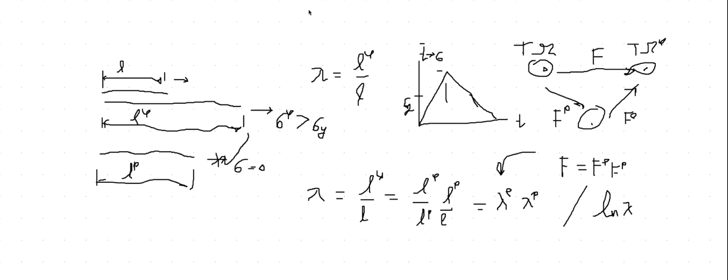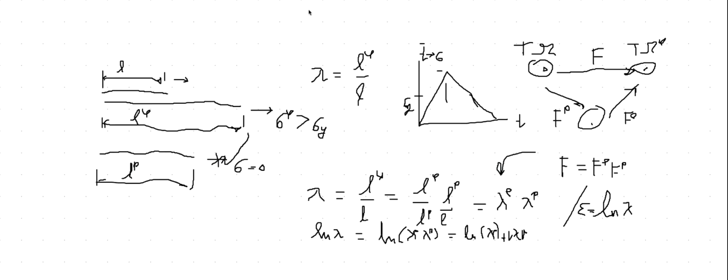The second idea was if I now take something which is called a logarithmic strain to be my deformation measure. By taking this, I can say that the logarithmic strain of lambda is equal to the logarithm of lambda E lambda P. And by definition of this logarithmic function, that becomes the logarithm of lambda E plus the logarithm of lambda P. I'm missing my ln here.